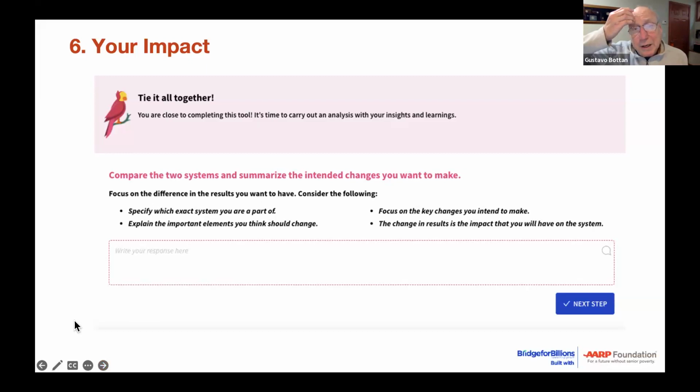So here is where you will have the before and after system, and you will then be able to say, okay, given where I am involved, these are the things in which my participation in the change of the system is what I'm going to be about.